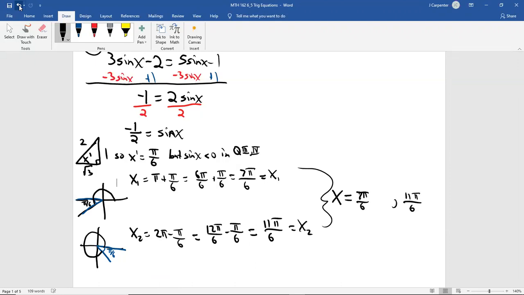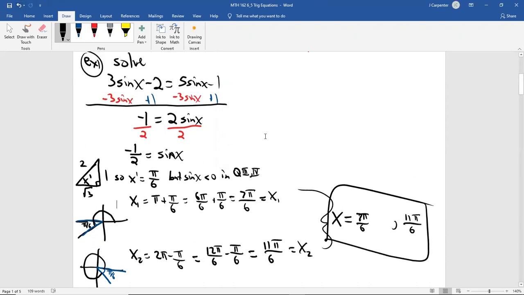Leaving some space for a reason, but if I just do this, guess what? It's wrong. Let me put the whole problem up here. I said solve. I did not give any restrictions. Sorry, my nose is stuffed up. With no restrictions, you've only given me 2 answers.